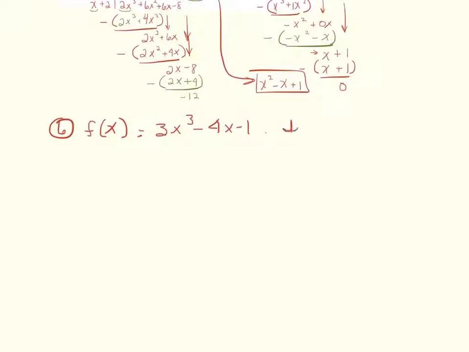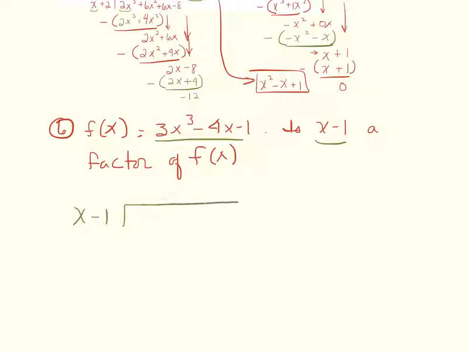And the question was, is x minus 1 a factor of f of x? There's two ways to do this. The long and difficult way is to actually use division. Divide x minus 1 into f of x. So you could actually carry out this division problem and find out, does it go into it evenly?